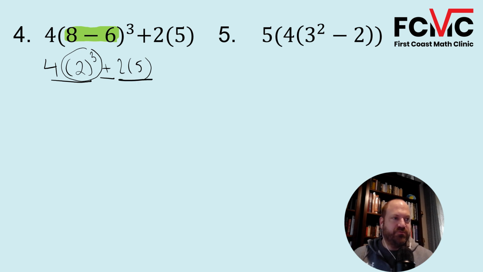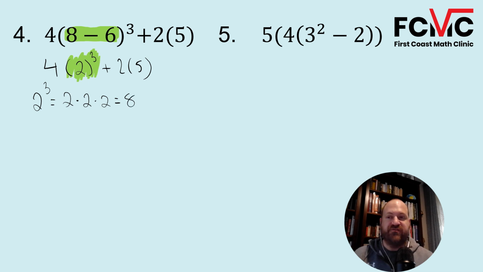All right, what should we do next? Well, exponents come next. So let's do this 2 to the third power. We know 2 to the third power is 2 times 2 times 2, which is going to give us 8.